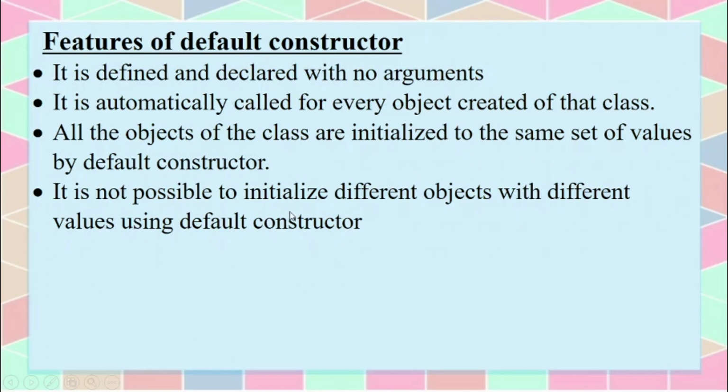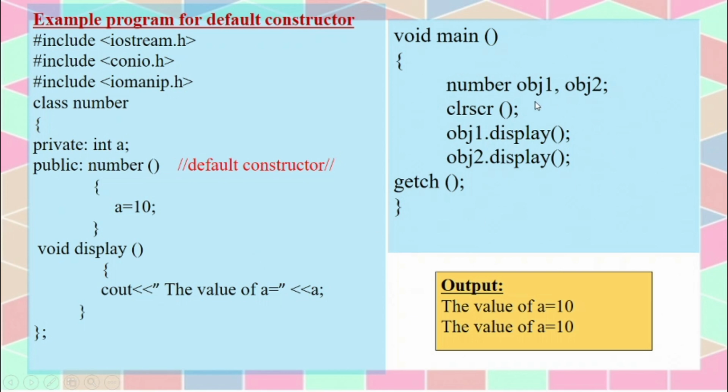And it is not possible to initialize different objects with different values using default constructor. That means object 1 can get only a equal to 10, and object 2 also gets the same value a equal to 10. That is the feature of default constructor.